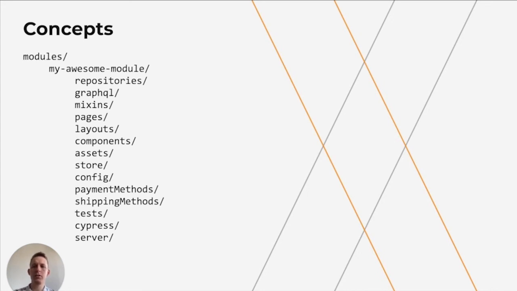So we can't have one general set of Cypress tests. We have to split them into these modules. So if you enable some modules, you build the application, and you run Cypress, Cypress will run the tests only from the enabled modules. So you're not testing the functionality that is turned off.